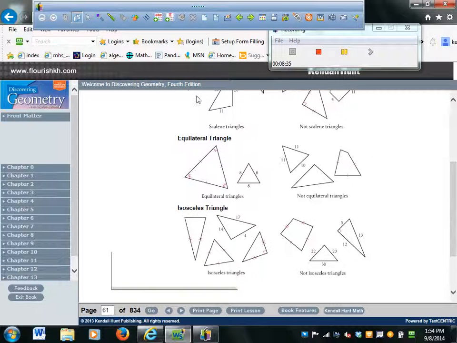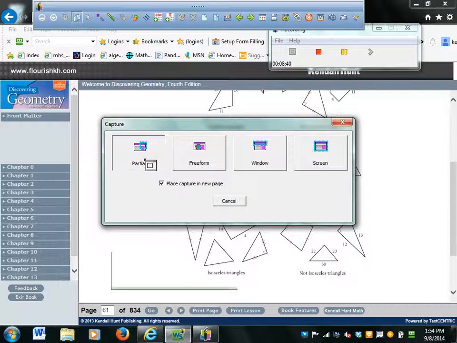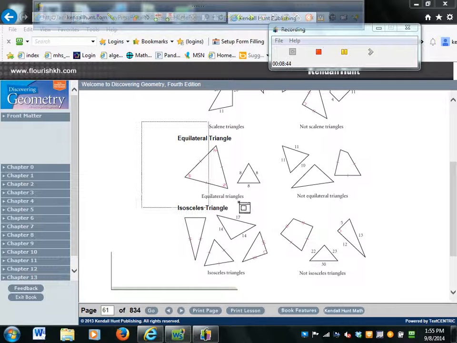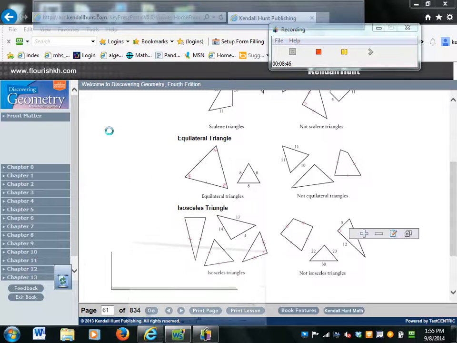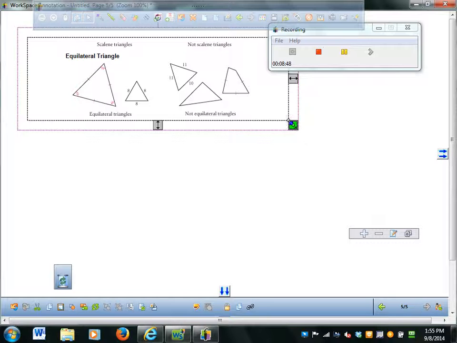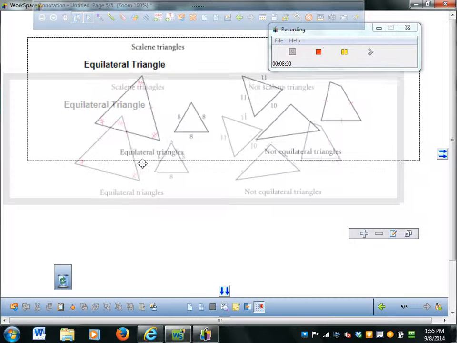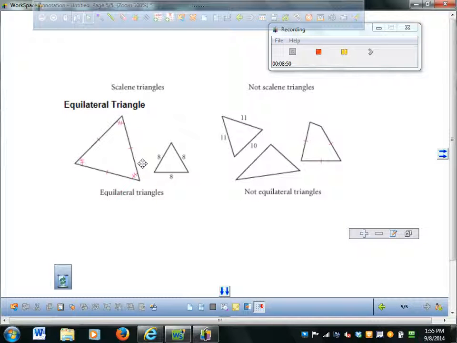I think you guys know what an equilateral triangle is, but let's talk about it anyway. Equilateral triangle. What's an equilateral triangle? Raise your hands. Go ahead, Grace. Where all the sides are the same. Good.